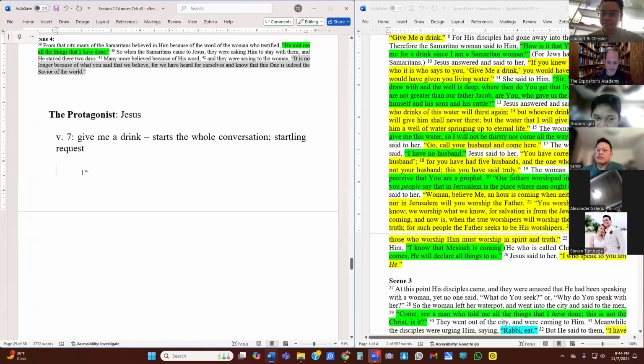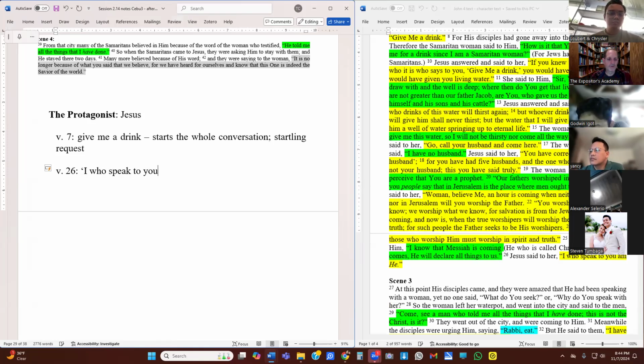I think a big one is in verse 26: I who speak to you am he. Jesus declares he is the Messiah. That doesn't happen very often. So that's a very significant remark he makes in this story.